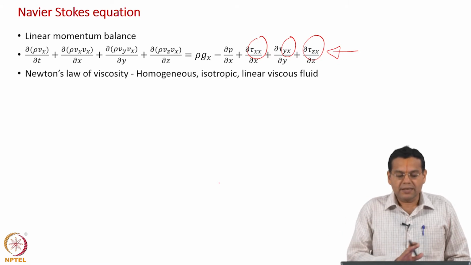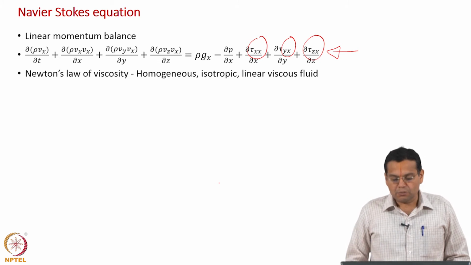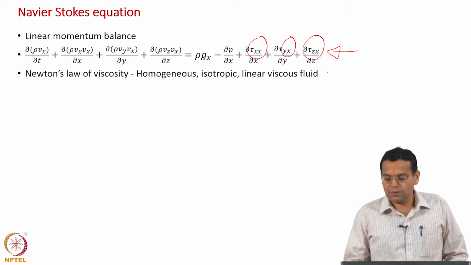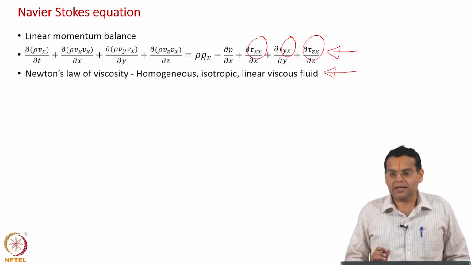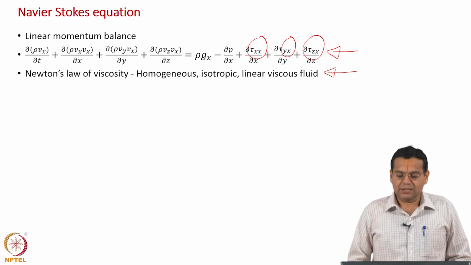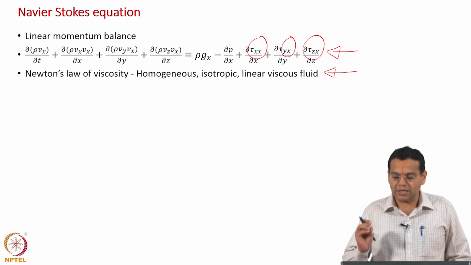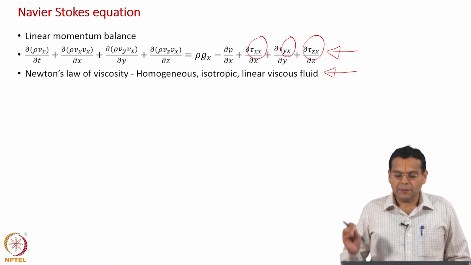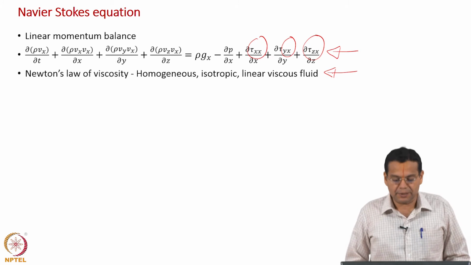So, in that way the linear momentum balance equation is a theoretical equation. The moment I go to the next step, so many assumptions have to be made, that has to be emphasized. The moment I substitute Newton's law of viscosity, that equation is applicable only for homogeneous, isotropic, linear, viscous fluid. That has to be kept in mind.